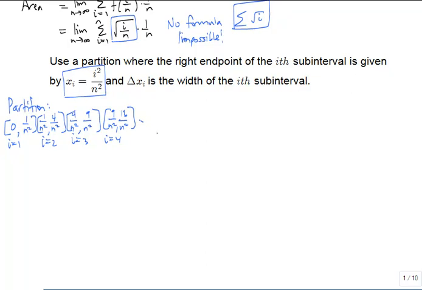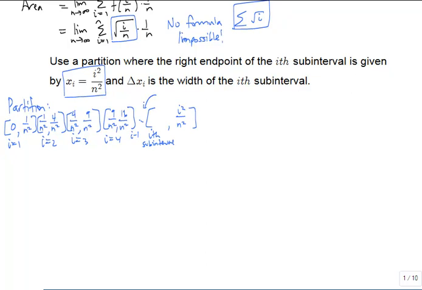Now if we look at the ith subinterval, let's see if we can come up with a formula for what this is going to look like. Now the ith subinterval is going to have as its right endpoint i squared over n squared. The one before that, or the left endpoint, is going to be what the right endpoint would have been in the previous subinterval, which would have been the (i minus 1)th subinterval.